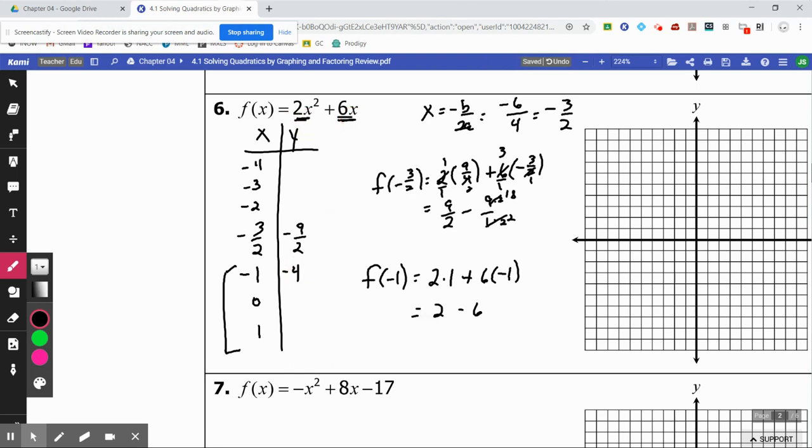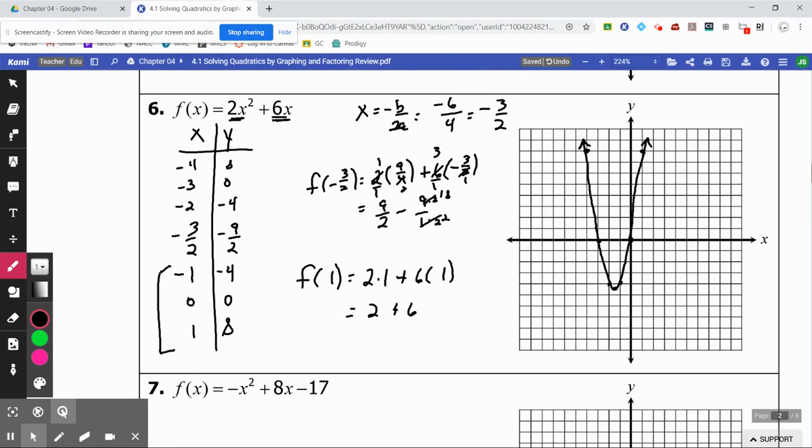That'd be 0 plus 0, which is simply 0. And finding f of 1, we can just modify this. That'll be 2 times 1 plus 6 times 1, which will be 2 plus 6, which is 8. So let's flip-flop that, -4, 0, and 8, and write them on the other side.